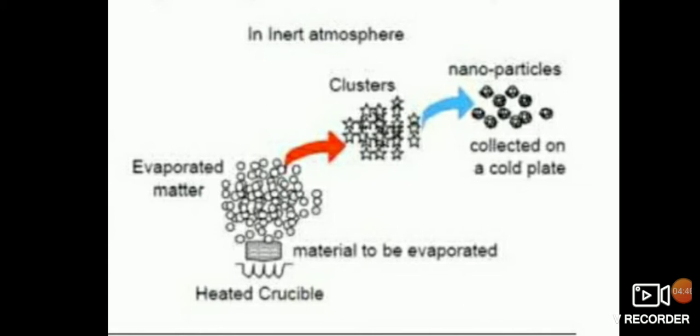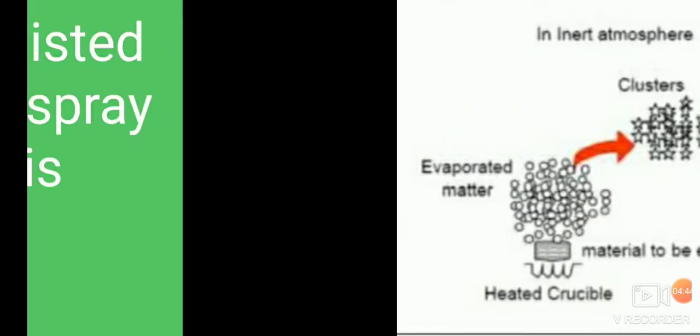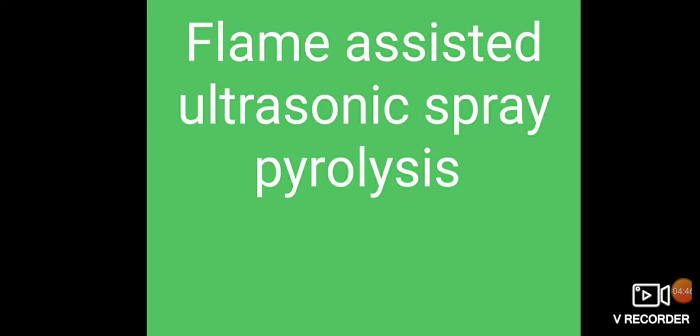Okay. The next one is flame-assisted ultrasonic spray pyrolysis. In this, the precursors are nebulized and unwanted components are burnt in a flame to get the required material. For example, zirconium oxide has been obtained by this method.